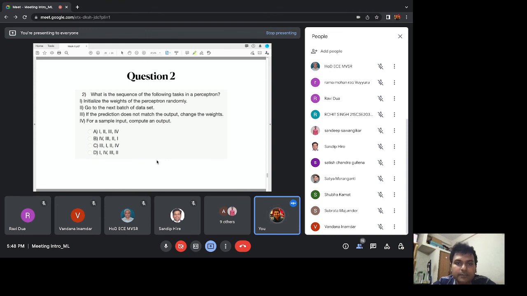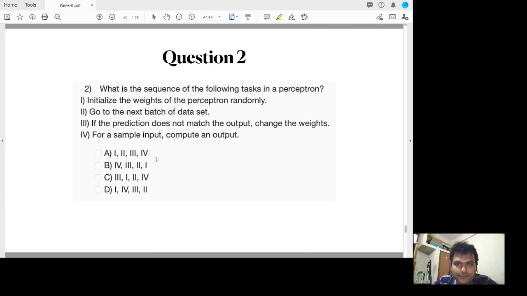What should be the sequence of tasks that you do while training a neural network? It is D. Does everybody agree to that, or does somebody have some other answers? D only. Okay, then I think this question is fine.